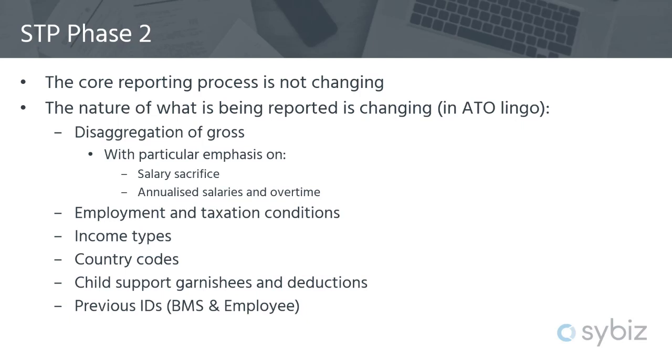And overtime is something that needs to be separately reported. So that's going to be a little bit onerous for employers that are in that category to report things in the correct bucket. And if you are in that category, I strongly encourage you to watch the corresponding ATO webinar on that.